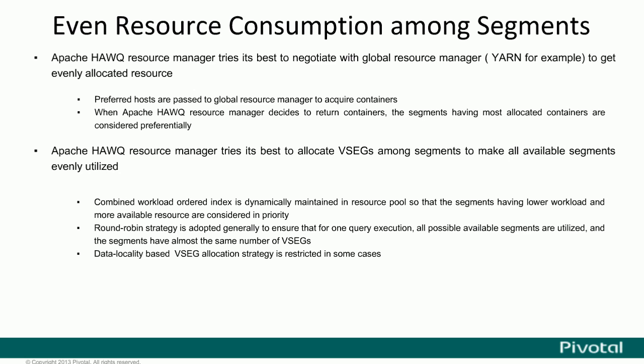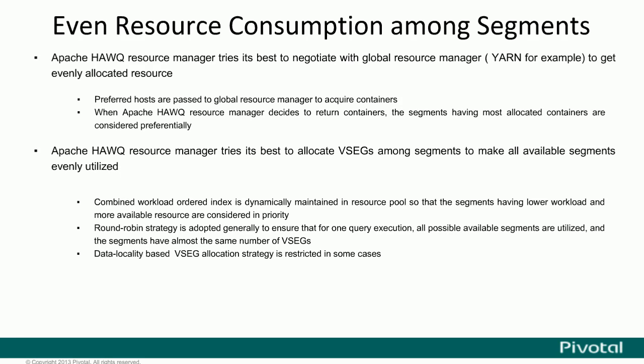Right, so the Apache Hawk Resource Manager really tries its best to get evenly allocated containers across all the nodes. So it will definitely try to get the same number of containers across all the nodes so that it has basically equal processing across the cluster.